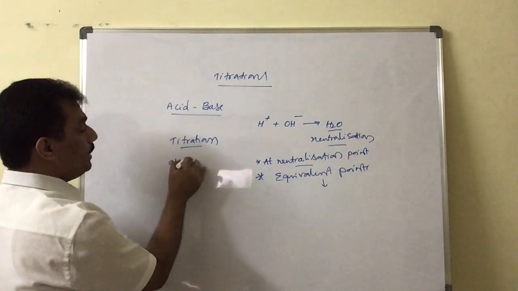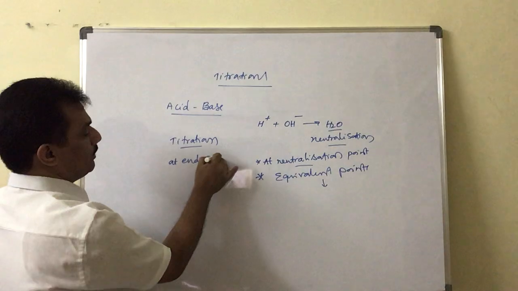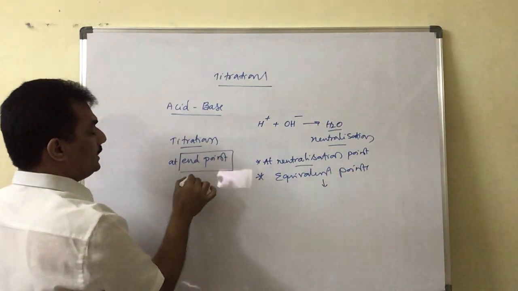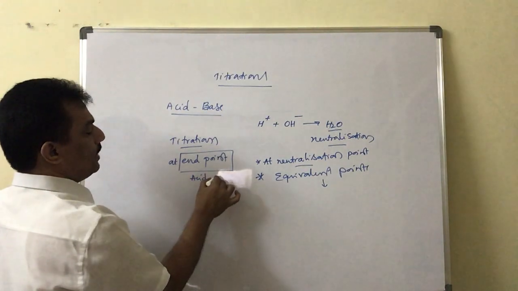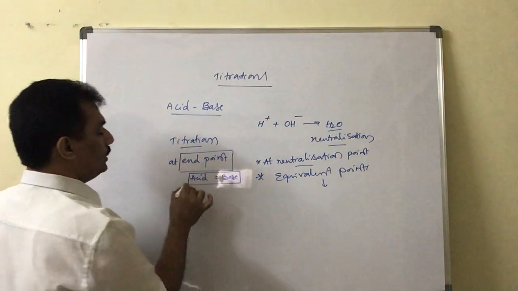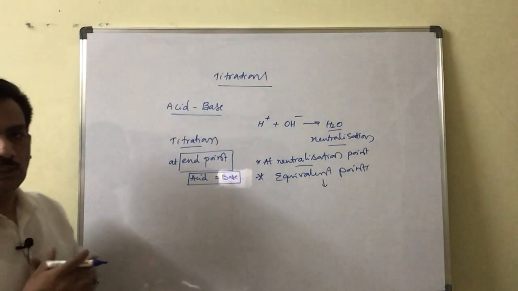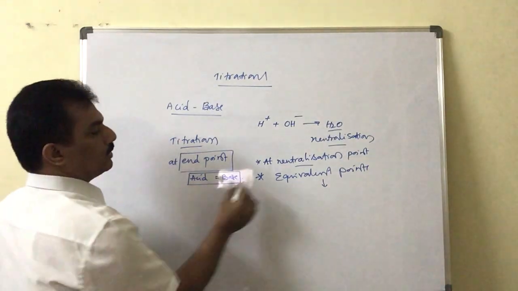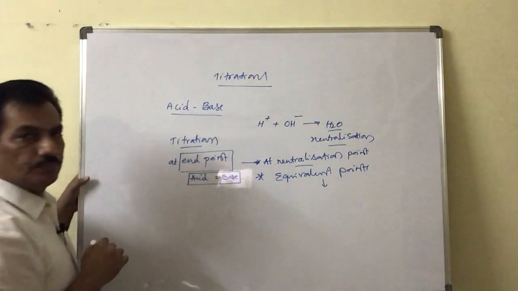During titration, at the end point, let me first explain the end point. The end point is where the acid and base are equal in their concentration and volume terms. Actually the end point is nothing but the neutralization point.